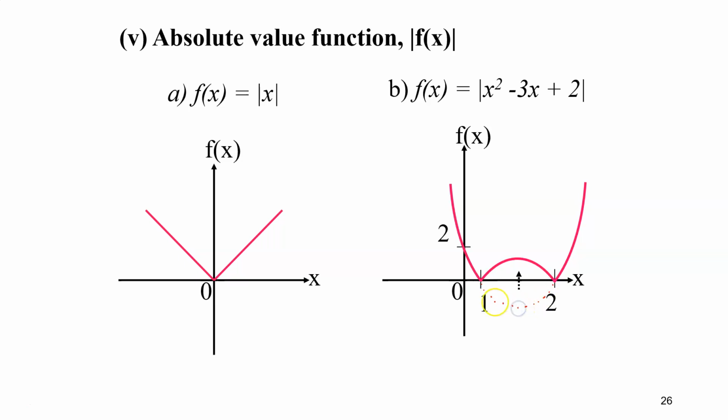But since it is a modulus or absolute value, we will pantulkan dia. We will reflect the one with the negative side. You will reflect it upwards. So there will be no graph down here. Semuanya dipantulkan naik ke atas because you have modulus, absolute value function.